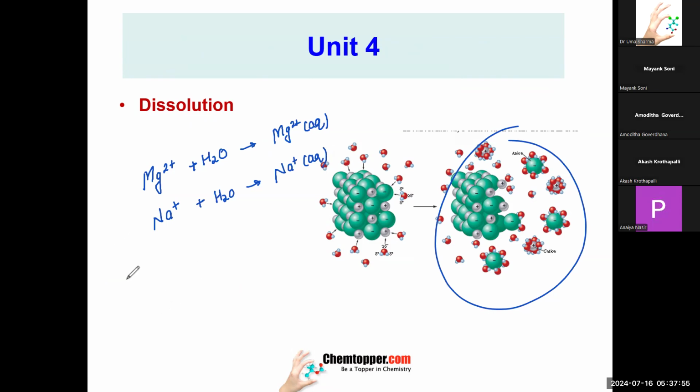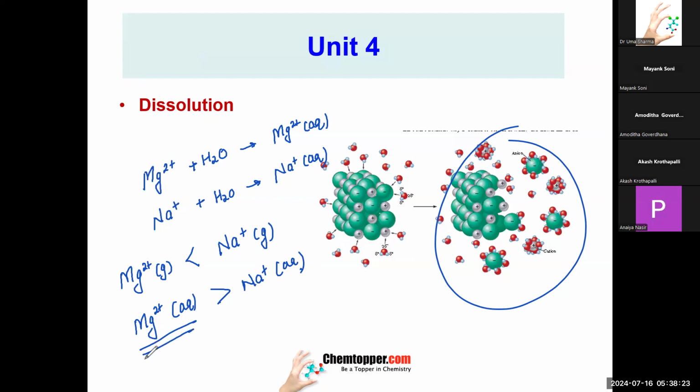Yes. So remember, Mg2 plus in the gaseous, isolated form is smaller than Na plus. Periodic trend, effective nuclear charge, more attraction. But can you see the difference here, children? Hydrated Mg2 plus is greater than Na plus, and you should know the reason. Because this is going to be more heavily hydrated than this one.